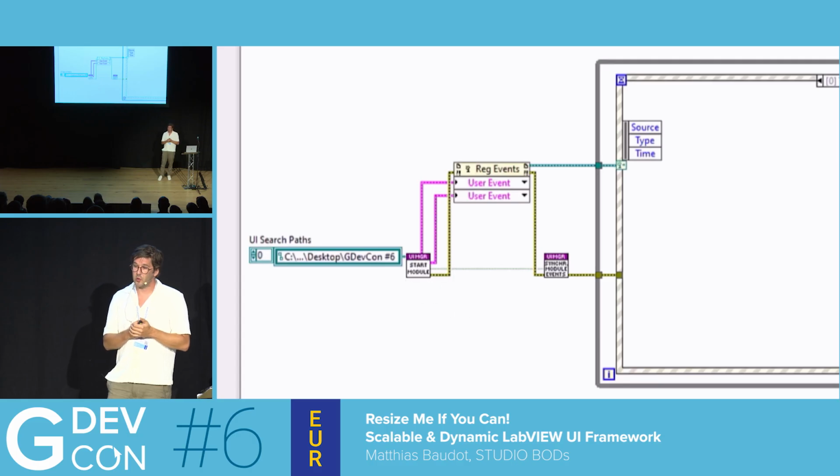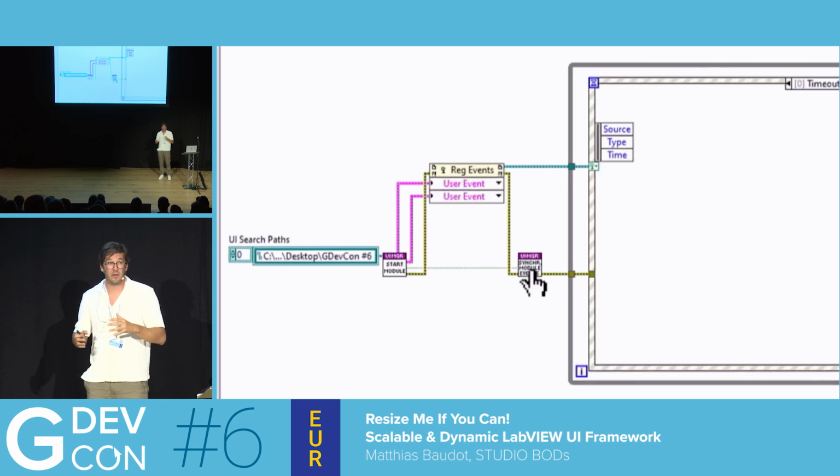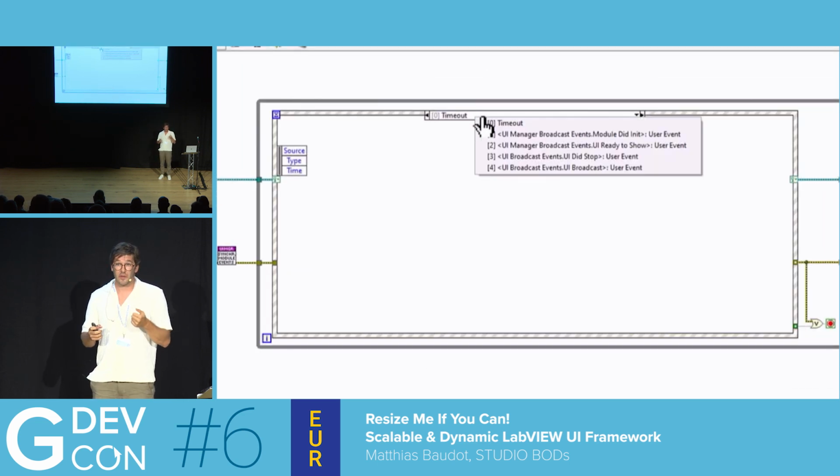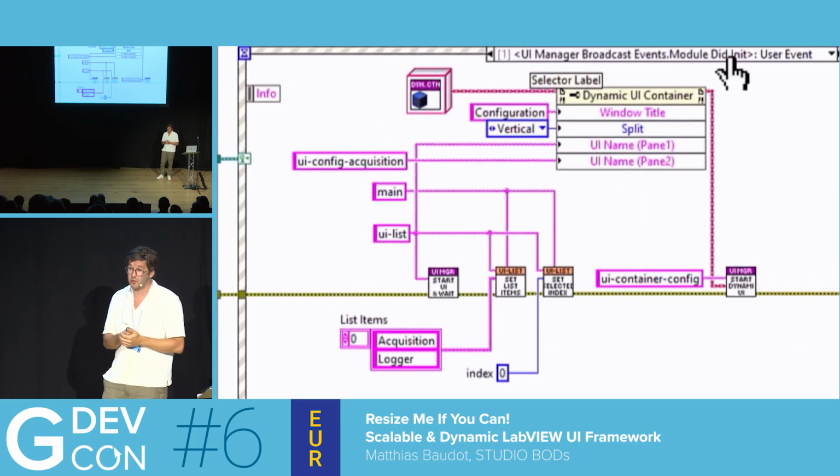I start the UI manager module, and I pass as an argument an array of search paths, folders where the UI framework is expected to find UIs, whether they are just LabVIEW VIs or built as PPLs too.